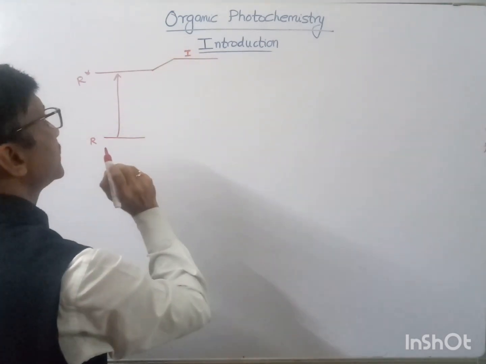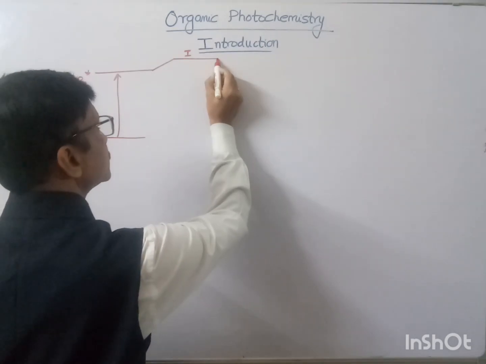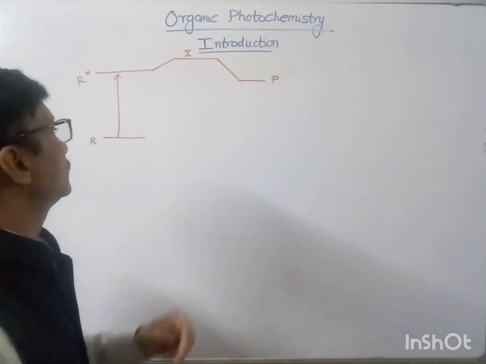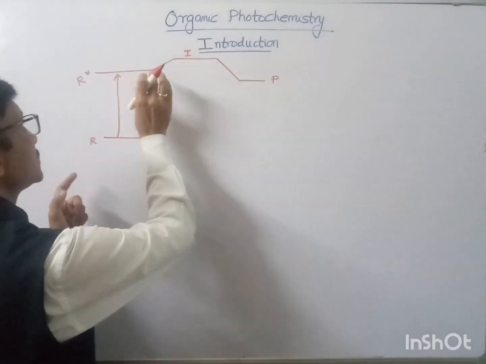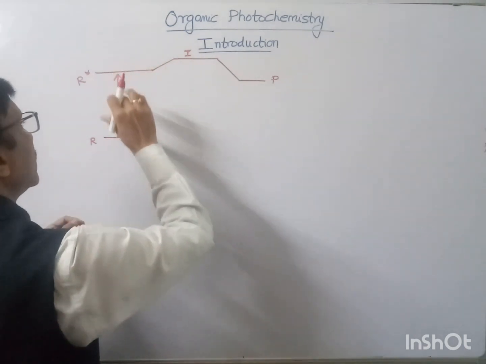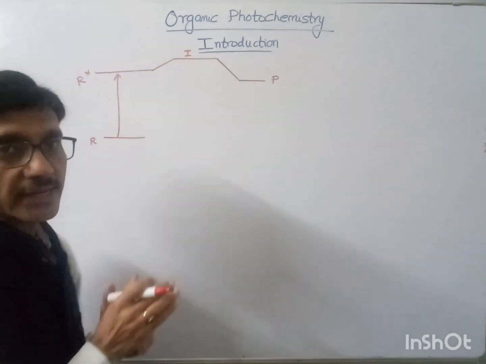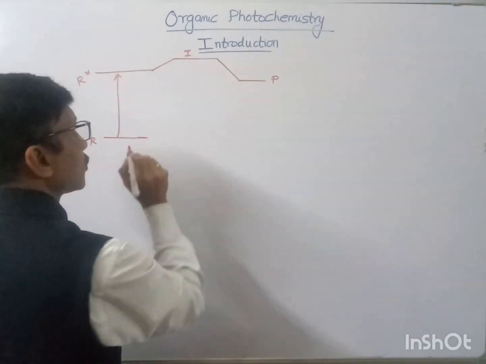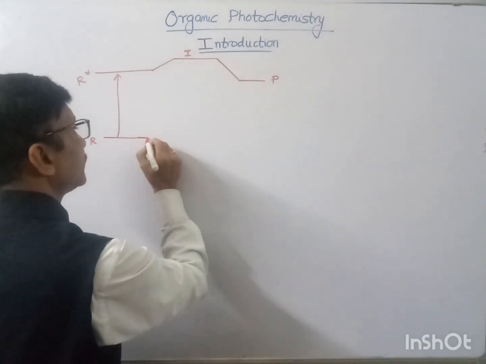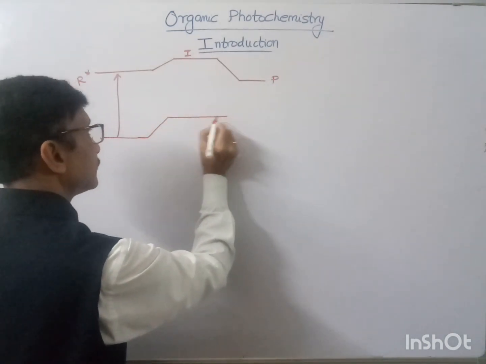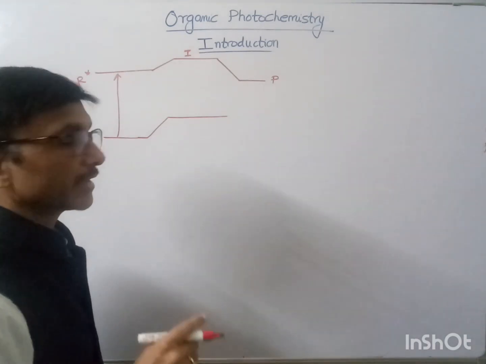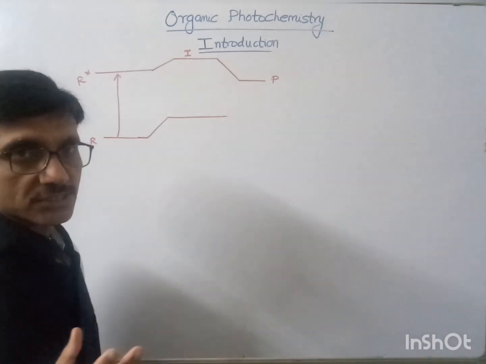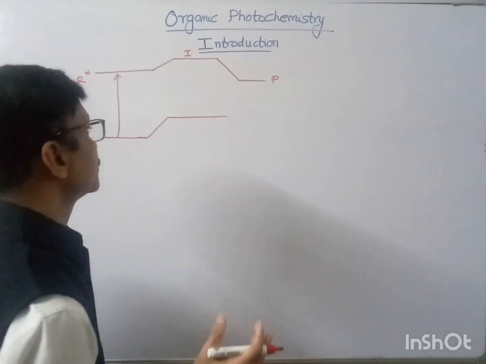From this intermediate state it will form some product, and this is the energy of activation that we have here. Whereas in a thermal reaction, after absorbing the heat, it goes into the excited state and acquires some minimum energy, which is called the activation energy.